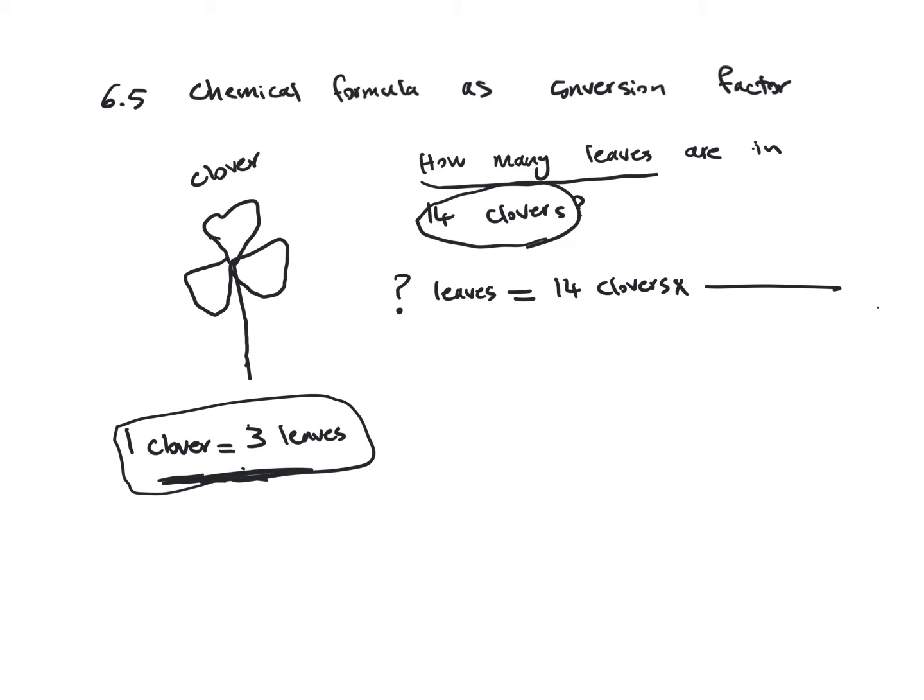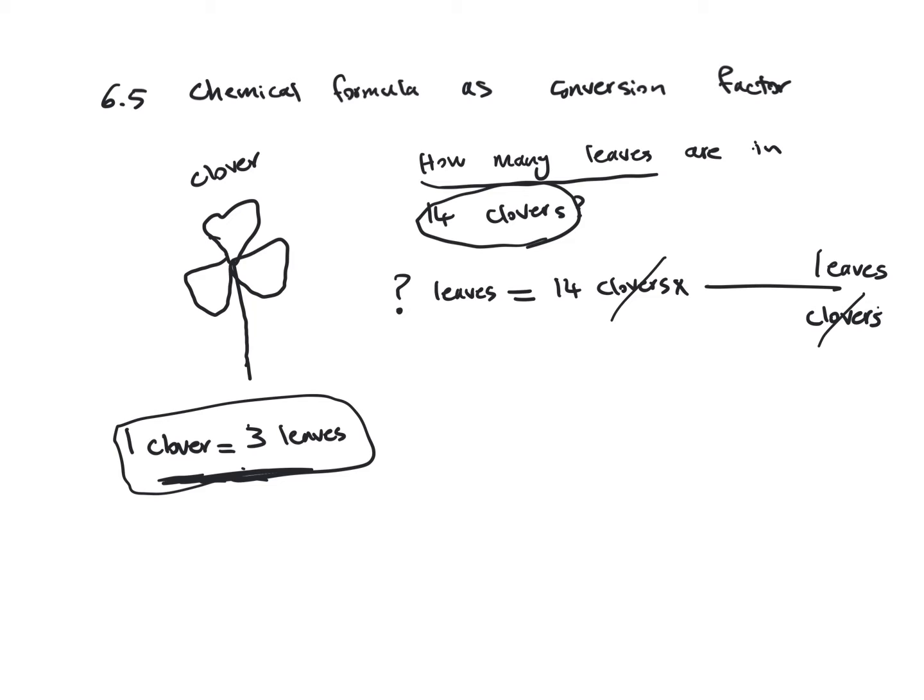We know that one clover has 3 leaves. As you remember, the thing that you are given, you write in the denominator, so you can simplify it. These 2 terms cancel out each other, and then here you write the thing that you want to find, which is the number of leaves.